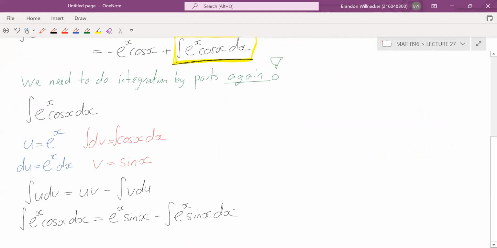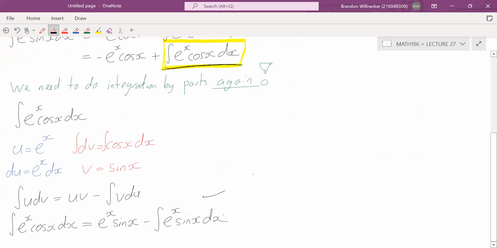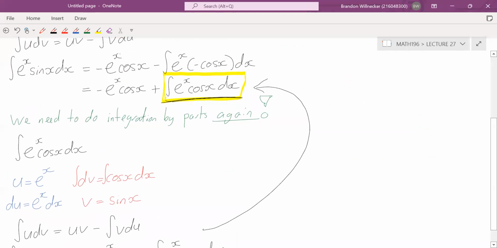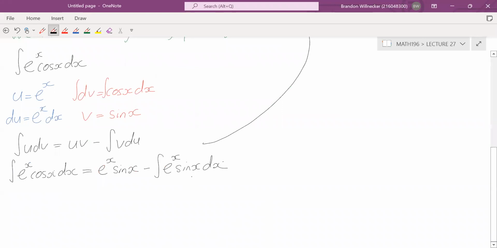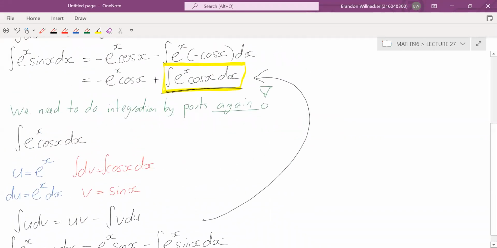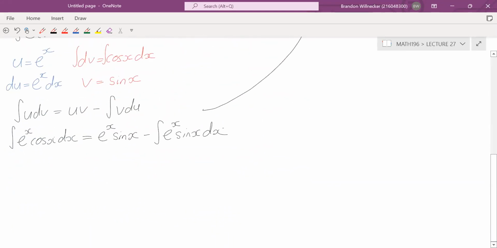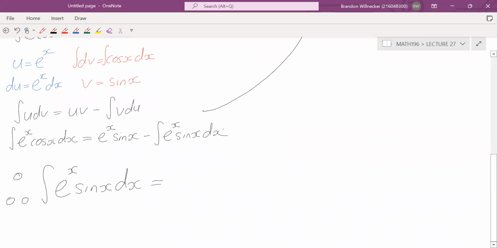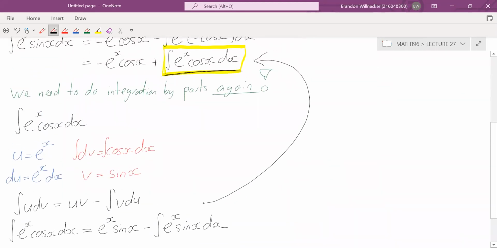Same as before, we've got this. We then substitute back, because we're trying to find that thing in yellow. We've worked it out using integration by parts, so we need to substitute it back. Therefore, the integral of e to the x sine x dx is equal to, what working did we have before?